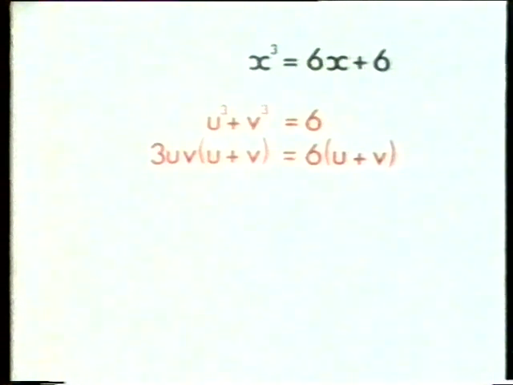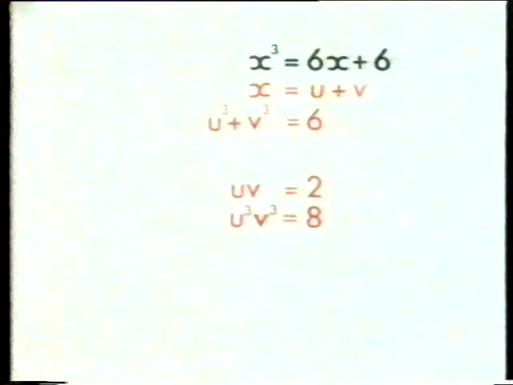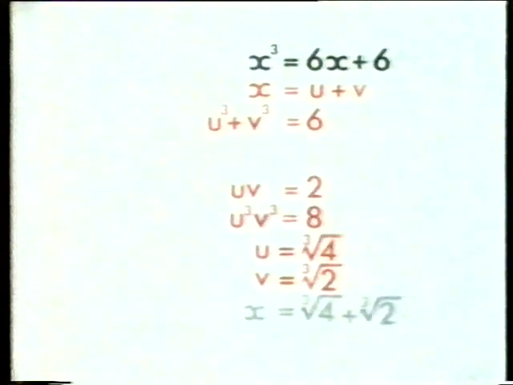And we can do this if 3uv times (u plus v) is equal to 6 times (u plus v), or, cancelling out, if 3uv equals 6. That is, uv equals 2, or u cubed v cubed equals 8. And so we get the two equations we want, and the solutions for u and v, and hence for x.